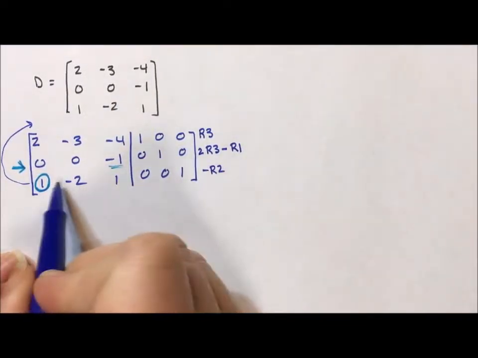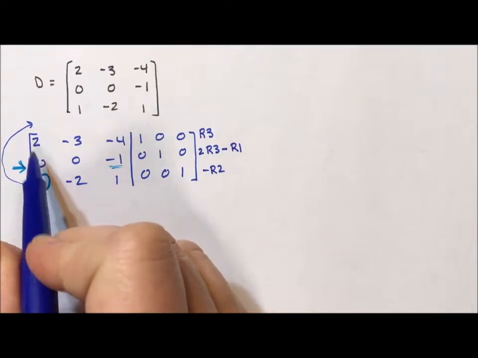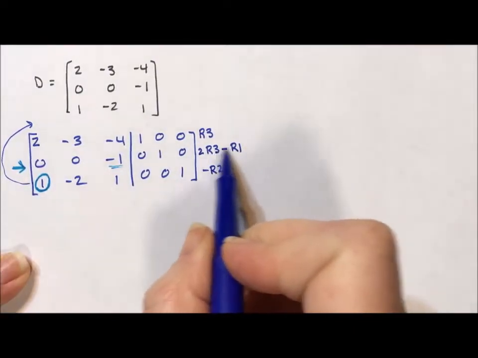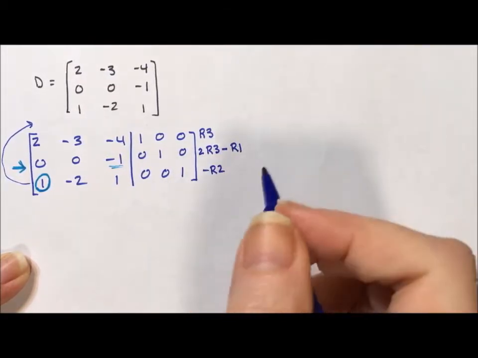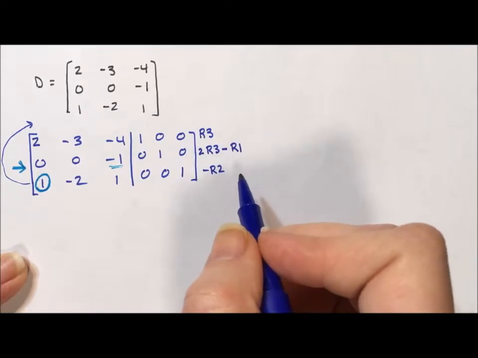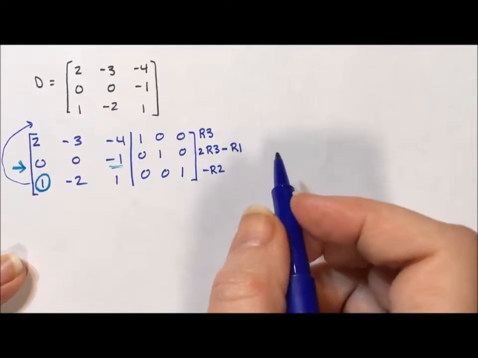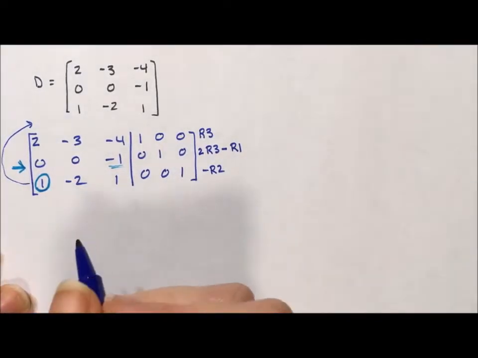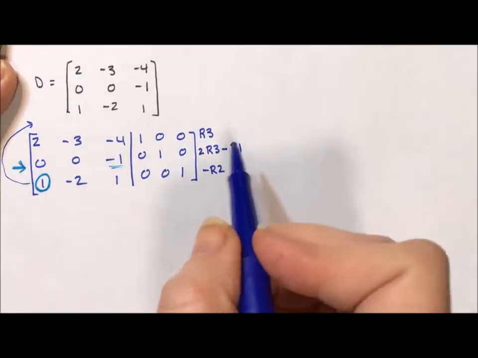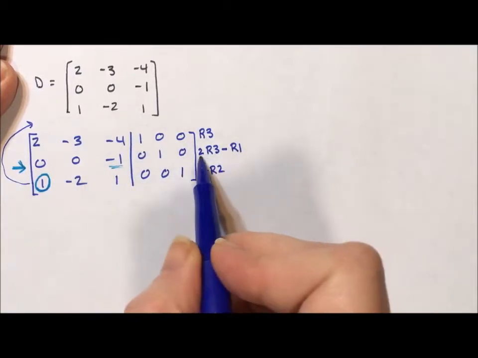Row 3 is this third row, so if I want to push this into row 2, I'm actually playing around with row 1 and row 3. As long as we have row 1, row 2, and row 3 represented, I know that I'm not going to mess up and lose one of my equations and end up with infinite solutions, or no inverse.